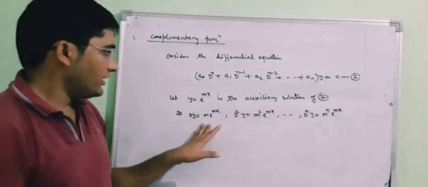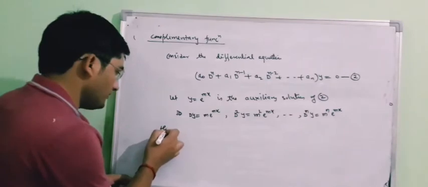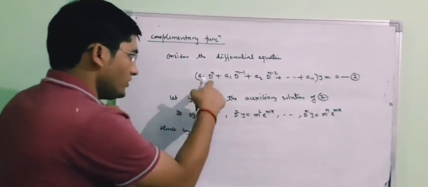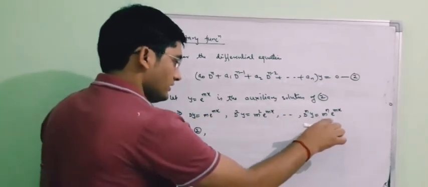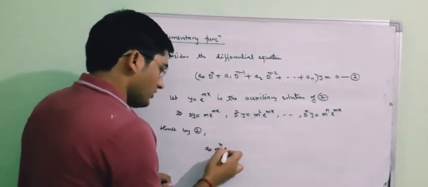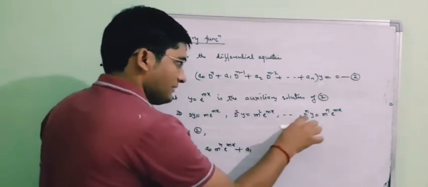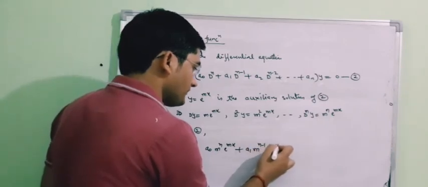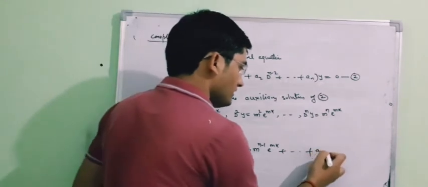Now if you put the value of y in equation 2, the first term will be a0 m^n e^(mx), then a1 m^(n-1) e^(mx), and the last term will be an e^(mx).